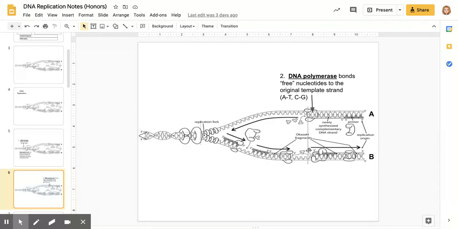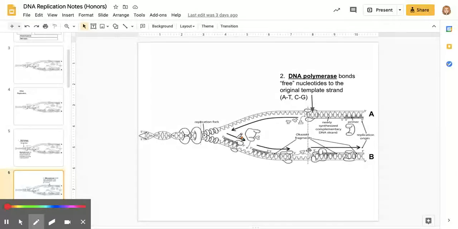They're represented by these puzzly looking pieces here. They look like blocks fitting in. And DNA polymerase, another enzyme, comes in and binds these free floating nucleotides to the original or template strand of DNA.